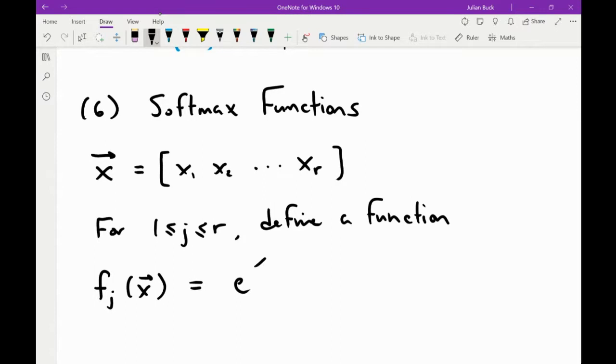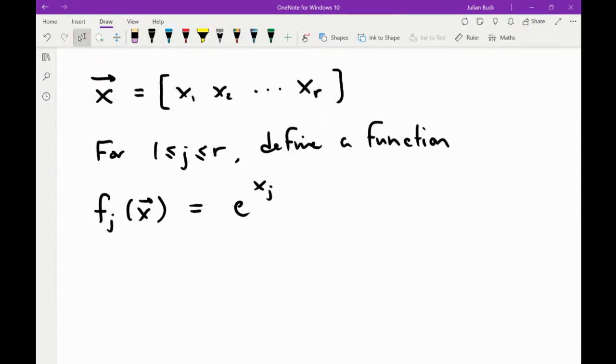It computes e to the x sub j, so the exponential with whatever the jth entry is as its exponent, over the sum of all of them. Of the e's. So the sum from i equals 1 to r of e to the x sub i.